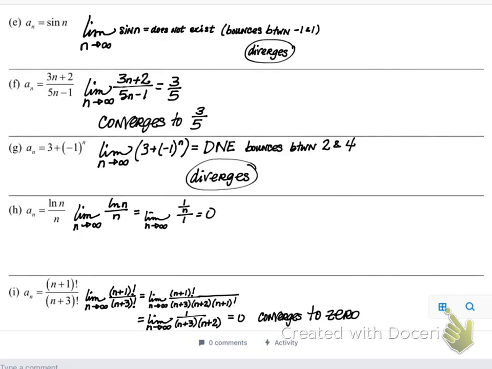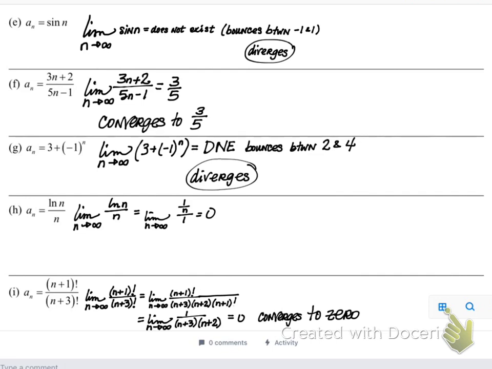So on example E, you can see that the sign wavers between -1 and 1, so that diverges. That sequence will diverge. The limit as n approaches infinity of f, however, will be 3/5, keeping in mind n behavior.